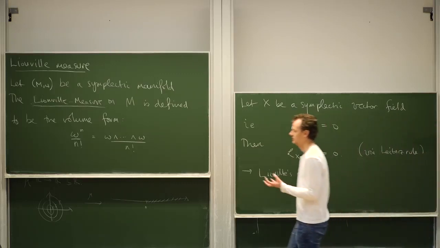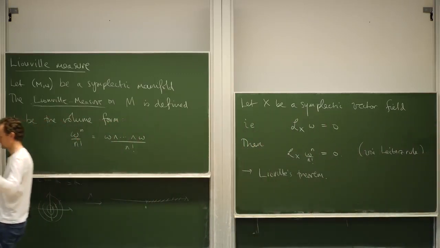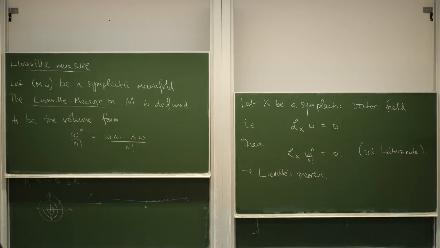So if you think of symplectic flows as like dynamics, this tells us that the Liouville measure is the correct invariant measure with which to assess volume in phase space.